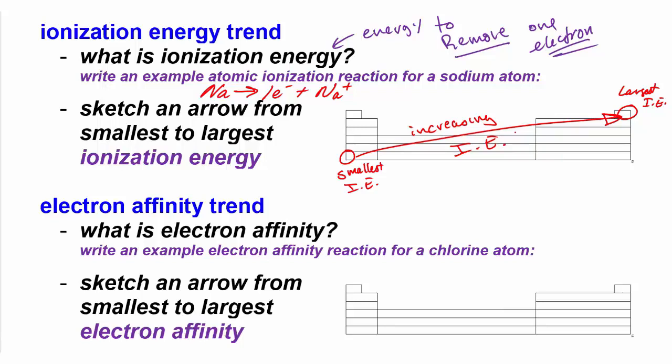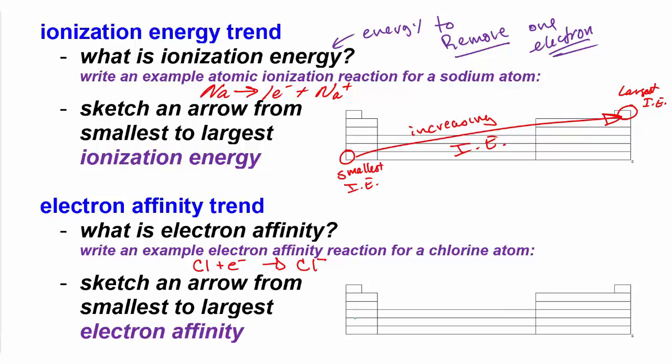Electron affinity. What's electron affinity? Write an example of electron affinity reaction for a chlorine atom. Electron affinity is grabbing onto one electron. What's the energy? So if chlorine grabs an electron, the two reactants would be a chlorine atom and an electron. What would they make? Chloride anion. Sketch an arrow from smallest to largest electron affinity.